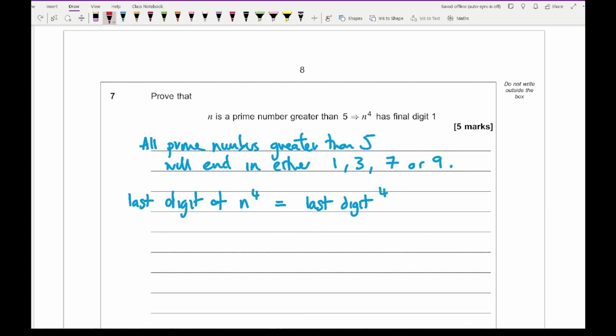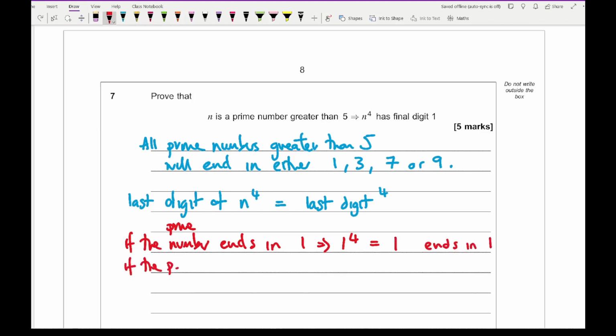So if the prime number ends in a 1, then 1 to the power of 4 equals 1, which ends in 1. Then if the prime number ends in a 3, the last digit will be 3 to the power of 4, and 3 to the power of 4 is 81, which ends in 1.